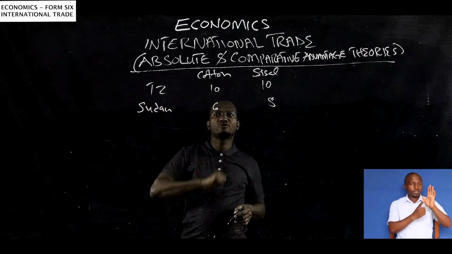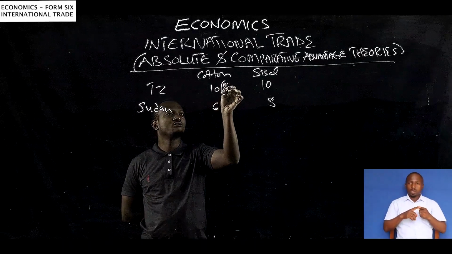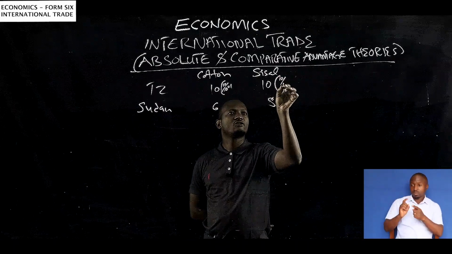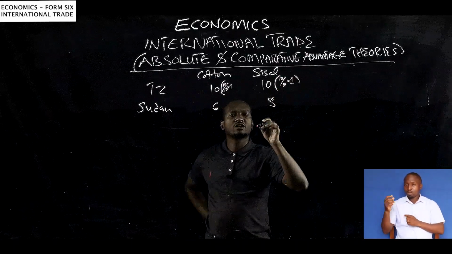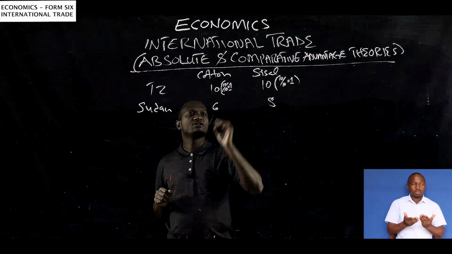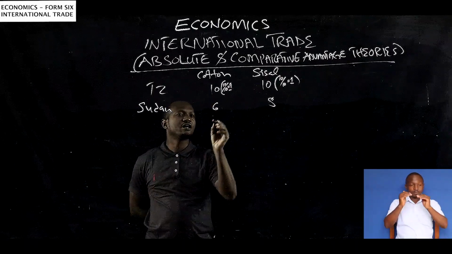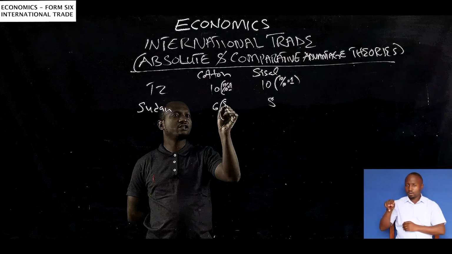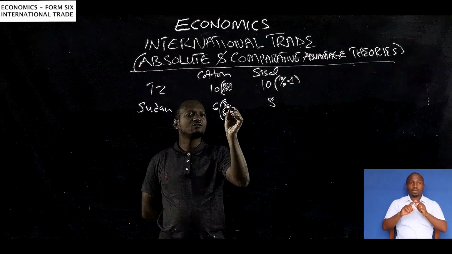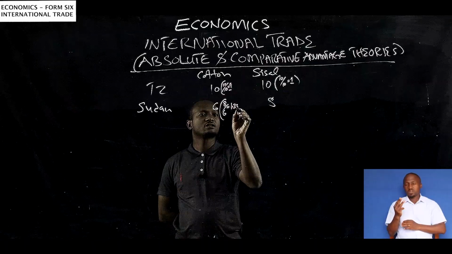So when we find opportunity cost here, Tanzania is 10 for 10, we get 1. So there is 1 opportunity cost for Tanzania in making production, whether of cotton or sisal. While when we come to Sudan here, opportunity cost is 8 sisal over 6 cotton, we get 1.33.